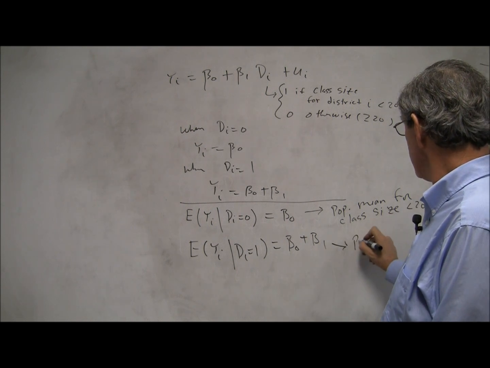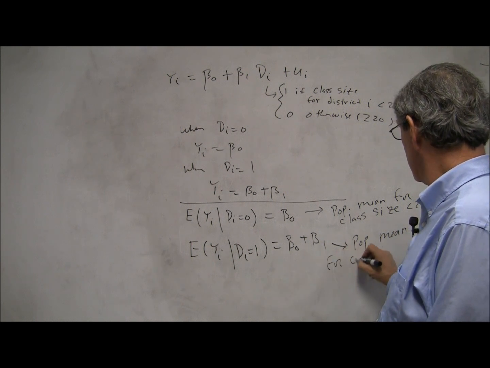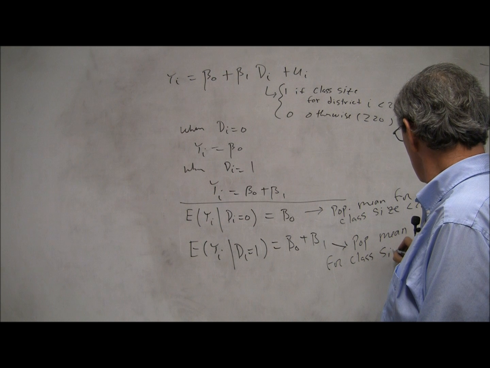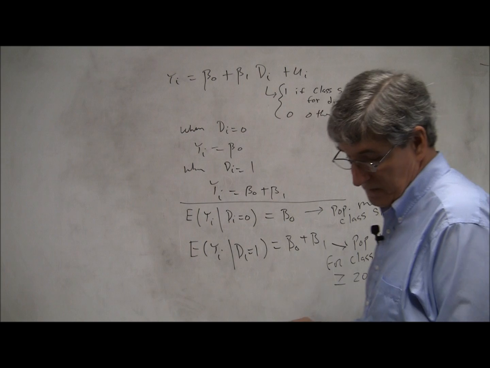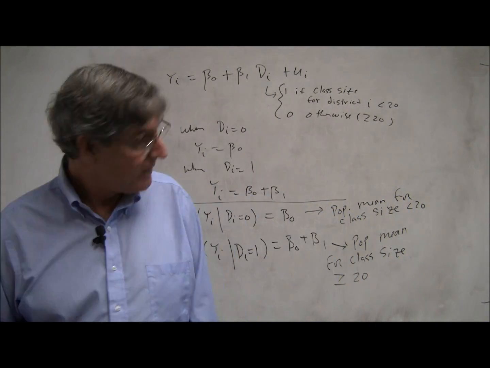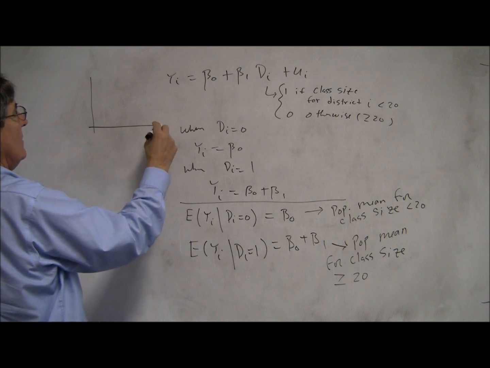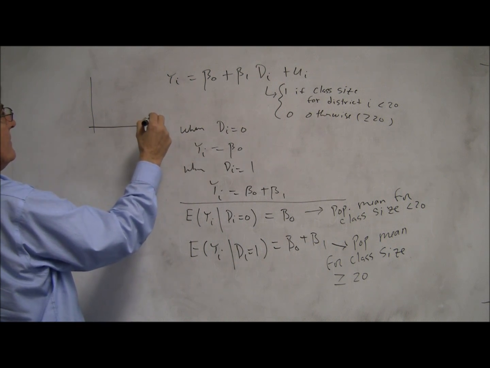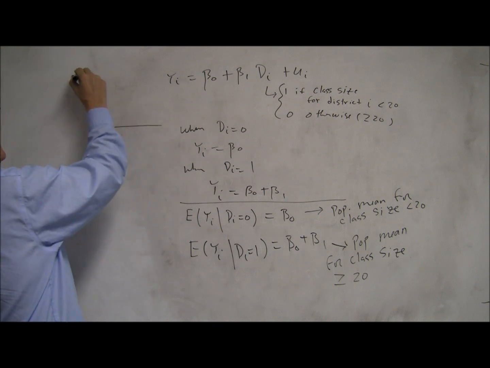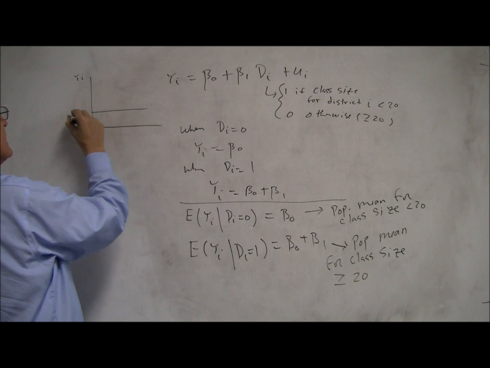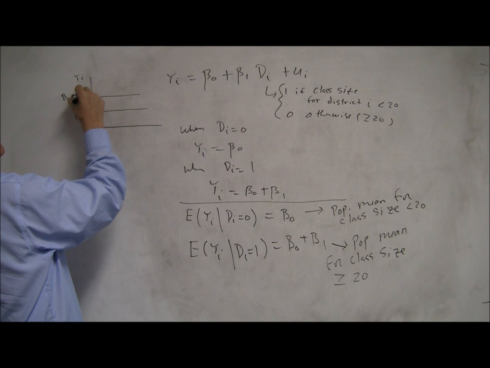And this is the population mean for class size greater than or equal to 20. So we, in essence, have a model where Y_i is either equal to beta 0 or beta 0 plus beta 1.